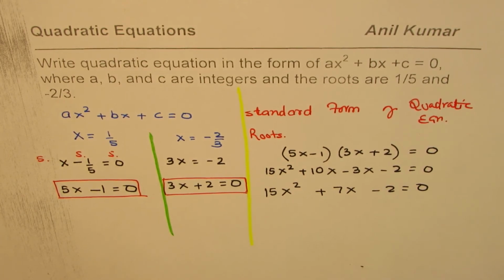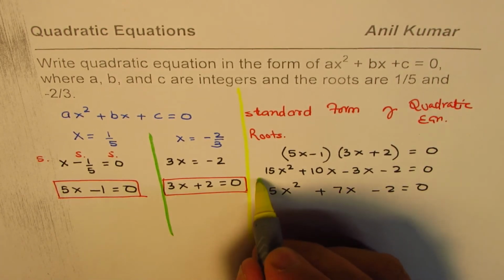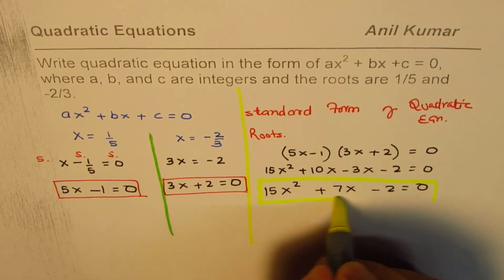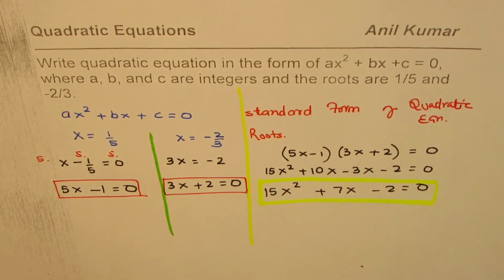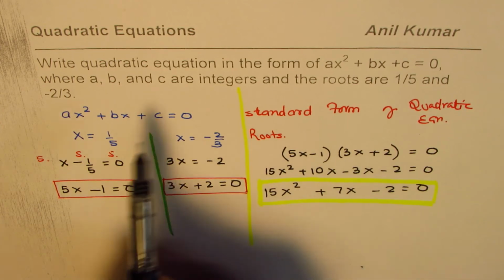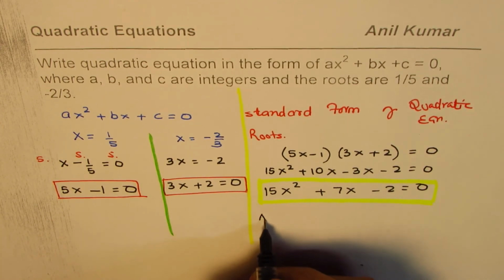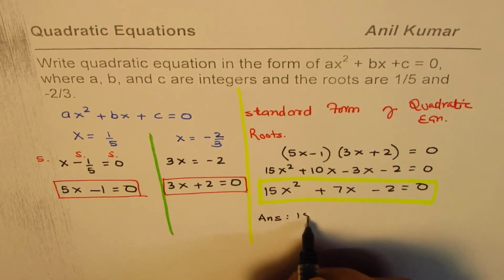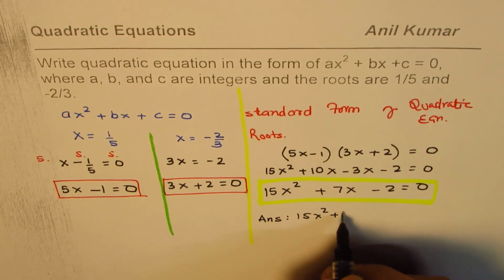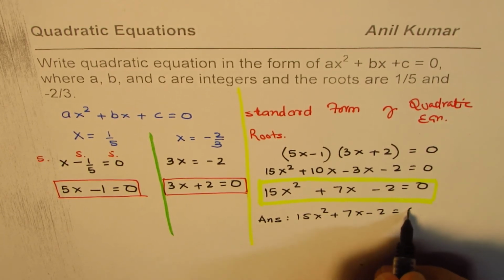So that becomes the quadratic equation which you are looking for. So that's your solution. So that is how we get the solution of such a question. So we'll write down that the answer here is 15x squared plus 7x minus 2 equals 0.